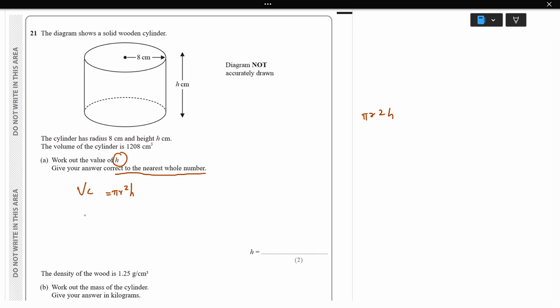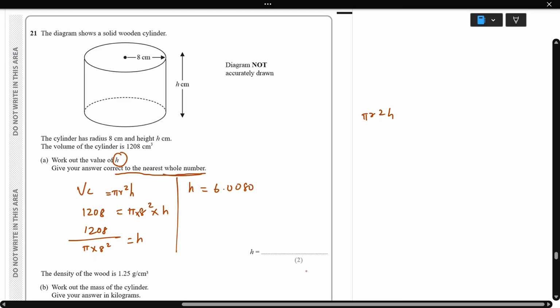So the volume is given, that is 1208, equal to pi times the radius, which is 8, so 8 squared, times h. I want h, so 1208 over pi times 8 squared equals h. When you calculate, you will get h equal to 6.0080, but we need a whole number, so h equals 6 when we round.